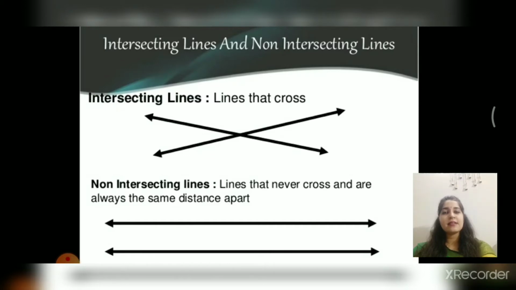Non-intersecting lines. The lines which do not intersect at any point are called non-intersecting lines, as you see in the second figure. These are also called parallel lines. An example of parallel lines is a railway track, right?